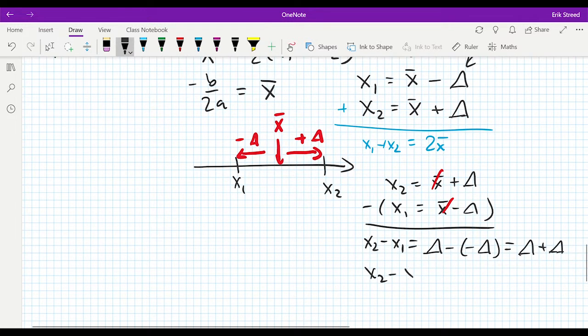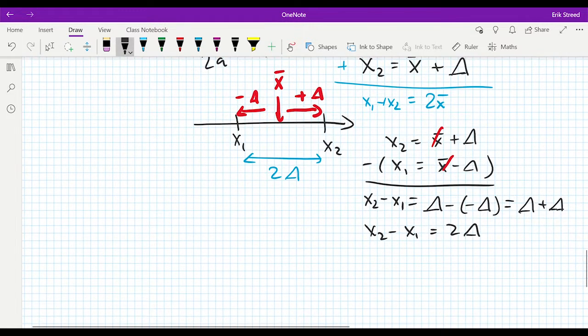So x2 minus x1 is equal to 2 delta. And that makes sense because if I look at my diagram up here, I can see the distance between these two is 2 delta.